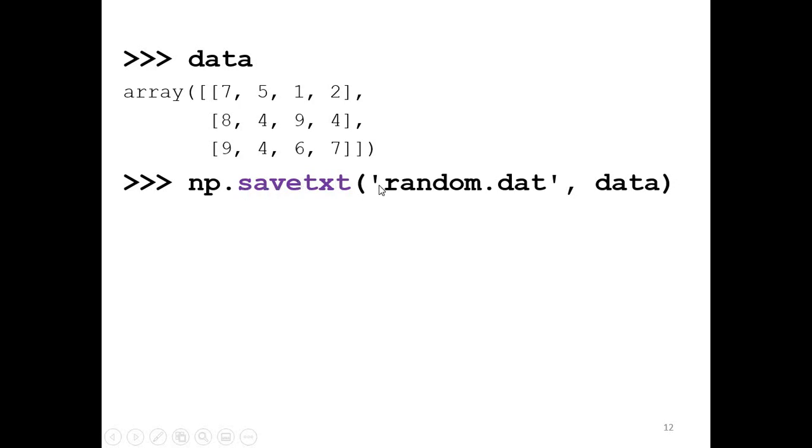The file name, say I call it random.dat, with inverted commas of course as it is a string, then comma, you write this data, which is a Numpy array. If you now check how it looks in the file, it will remove these brackets and commas and write it in this tabular form.